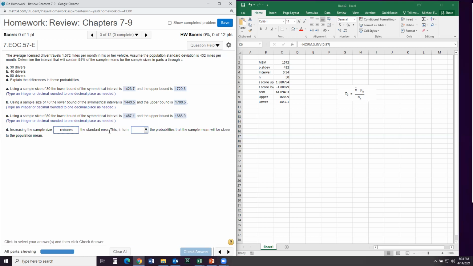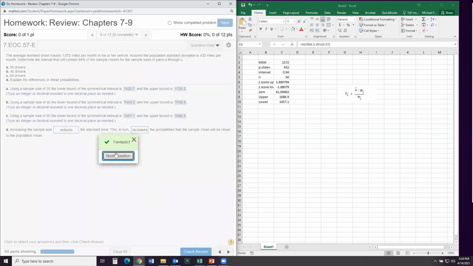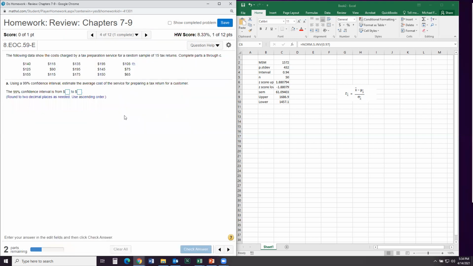This in turn blank the probabilities that the sample mean will be closer to the population mean. I think they want us to say increases the probability that the sample mean. I don't know if I like their wording, but let's see. Yay. And that's it. So hopefully that's helpful to you, and good luck on the rest of the review and the exam.